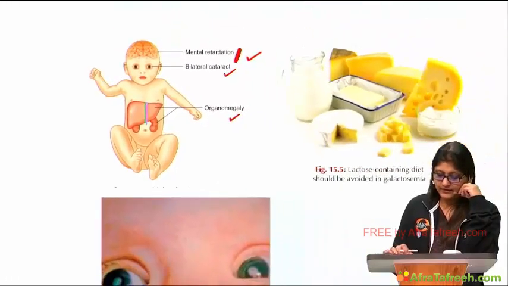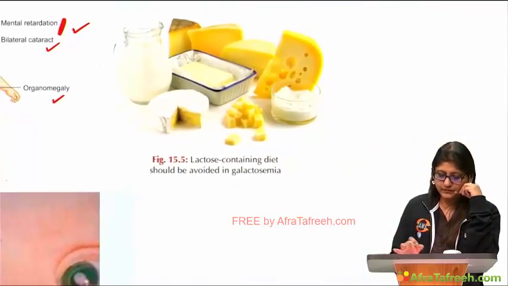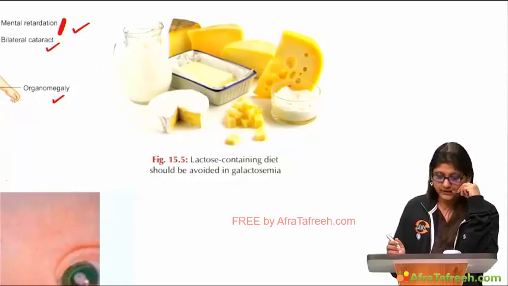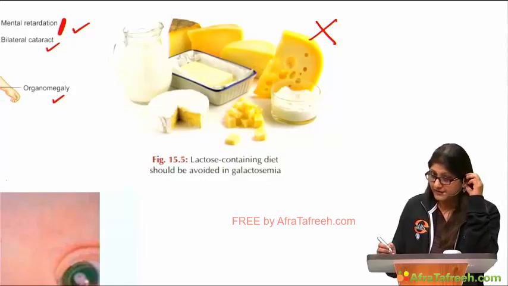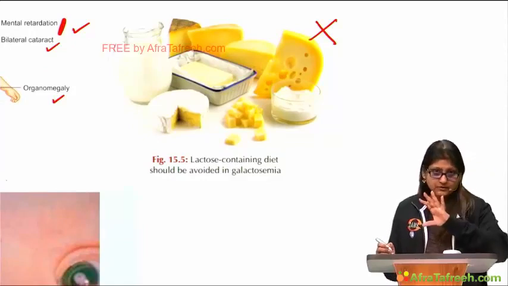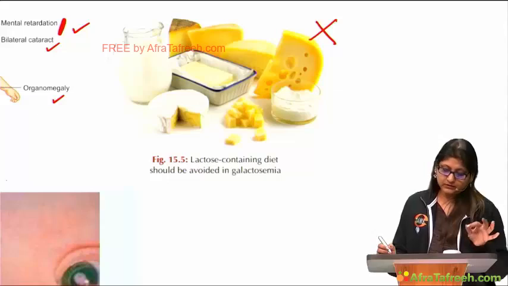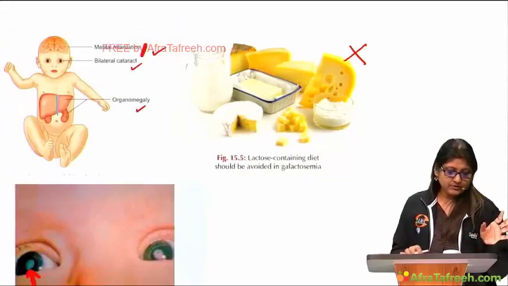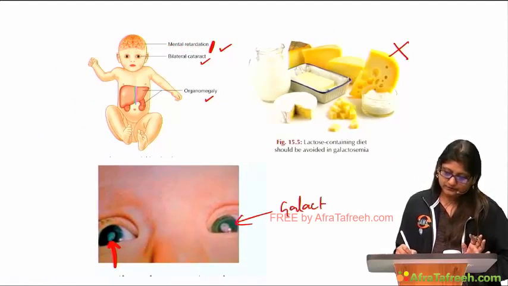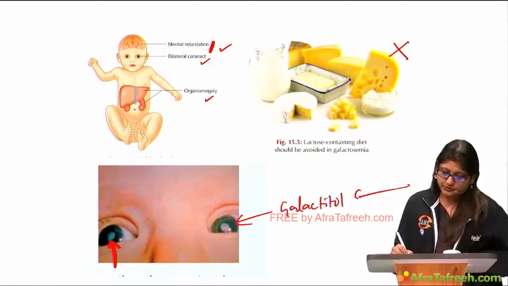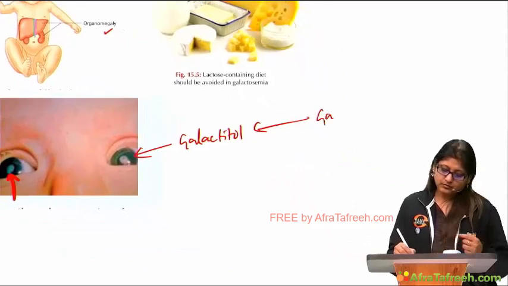And these are the various dietary components which are going to provide you lactose and galactose. So big no to these compounds in a baby suffering with any form of galactosemia, right? So this is due to galactitol, which is produced from galactose.